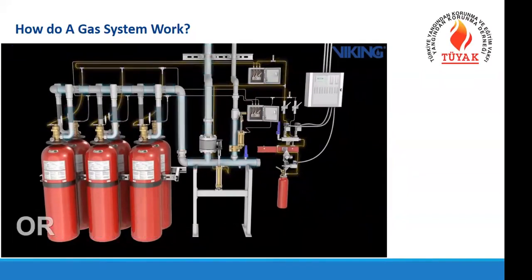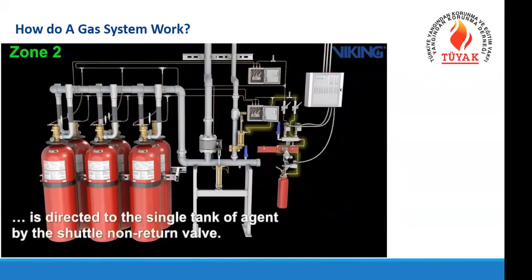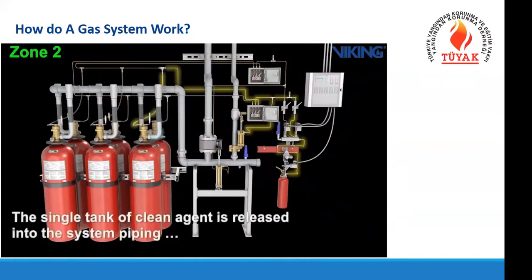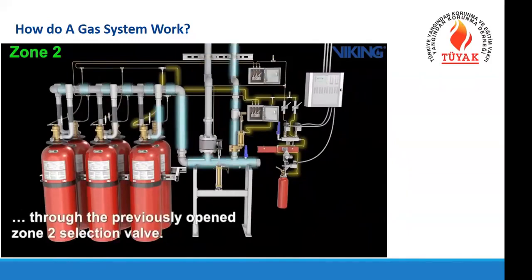Or otherwise, if it was zone 2, the related pilot line activates the necessary number of cylinders, which is this time not 3 but 1, because it's a very small room. So it sends all the gas from one cylinder to the room automatically.